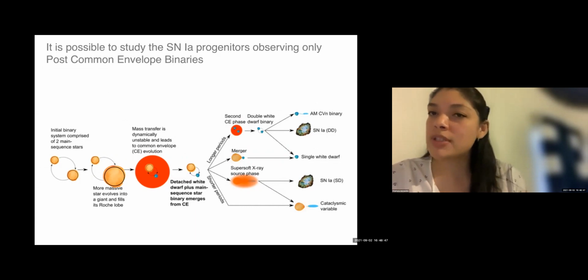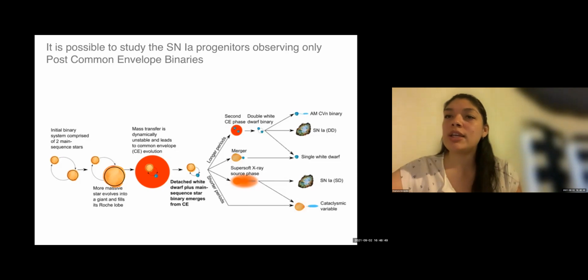When the common envelope is ejected from the binary, it takes angular momentum with it, resulting in a closer binary, called a post-common envelope binary, that is formed by one of the original main sequence stars, and now the evolved core of the other star that is now a white dwarf.